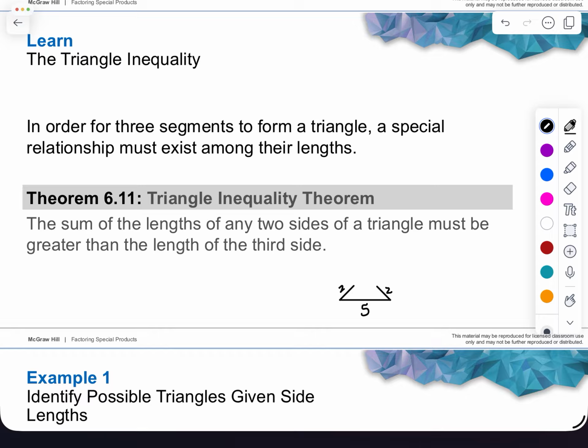So the sum of the lengths of any two sides must be greater than the length of the third side. This one and this one added together must be bigger than that one. So this one has to be greater than 3, so it has to be 3.1, 3.2, or whatever.